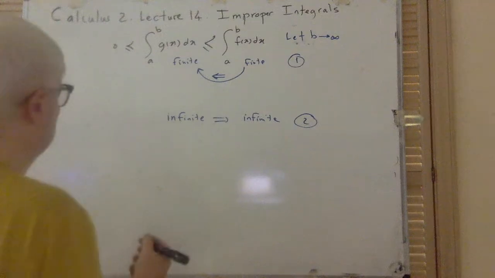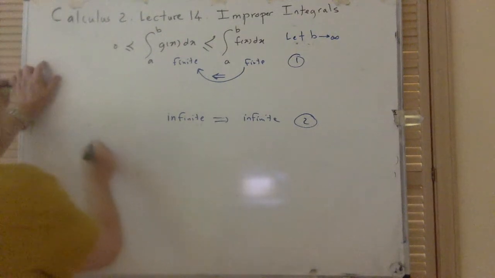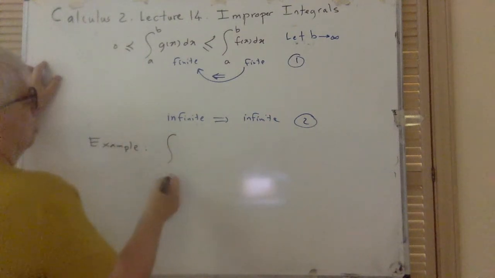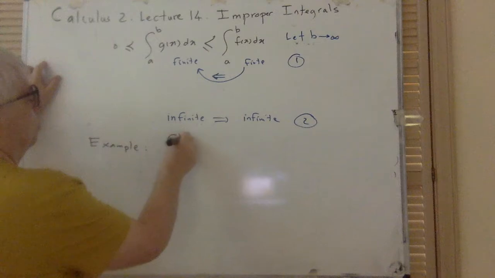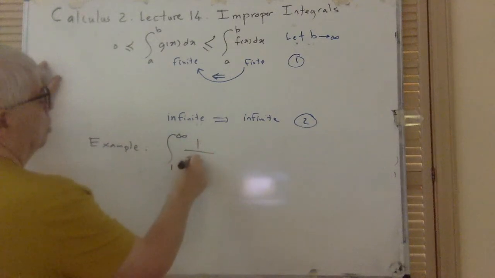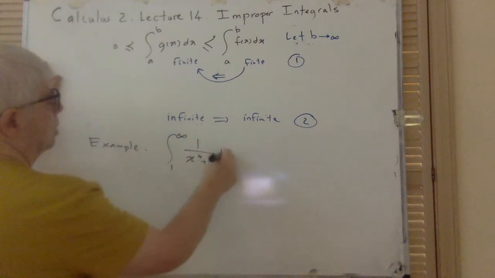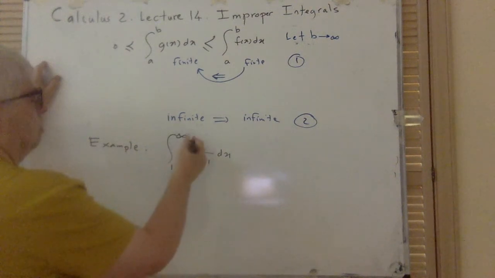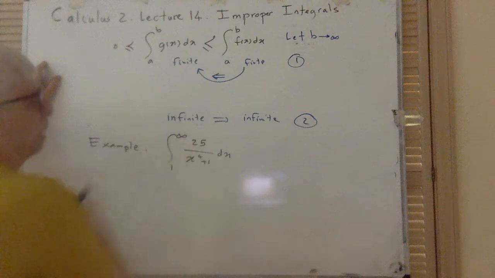Okay, so for example, let's try the integral from 1 to infinity of the one that I wrote for you, 1 over x^4 plus 1 dx. You have to find something to compare with this. Let me write, say, 25 here, okay?